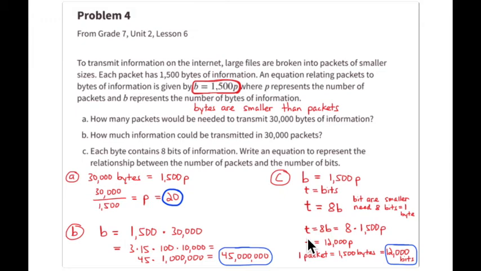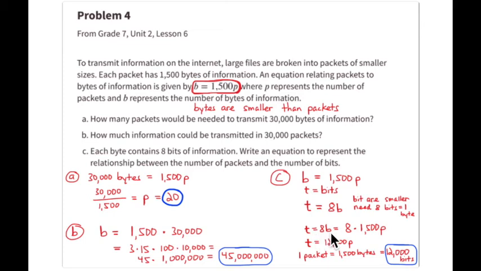So it says, write an equation to represent the relationship between the number of packets and the number of bits. So we're skipping over the number of bytes. All right, so change the number of bytes to the number of bits.